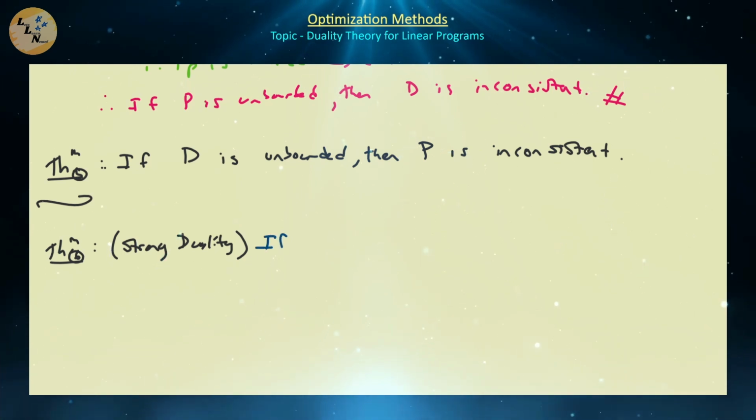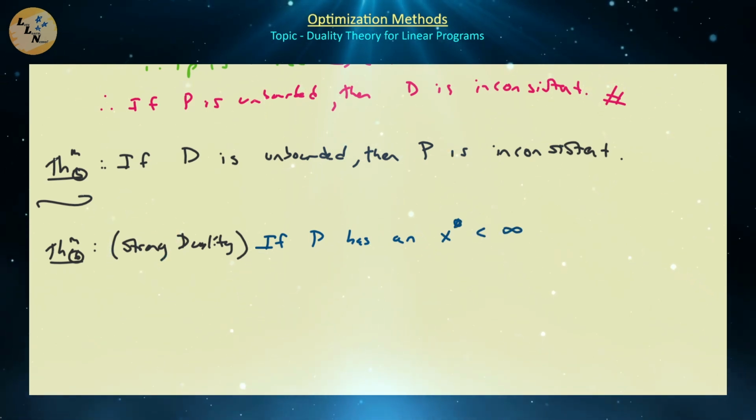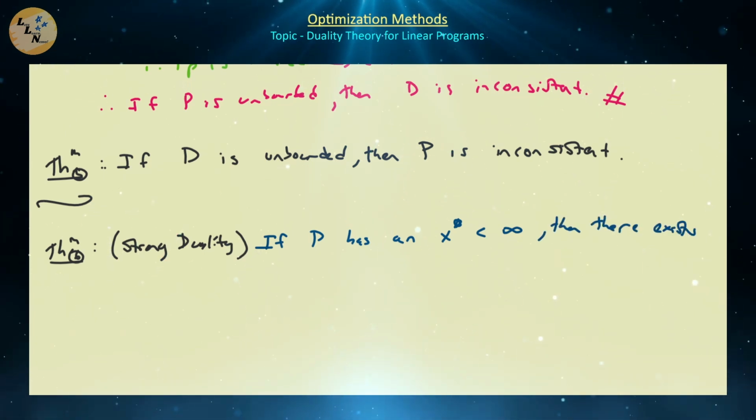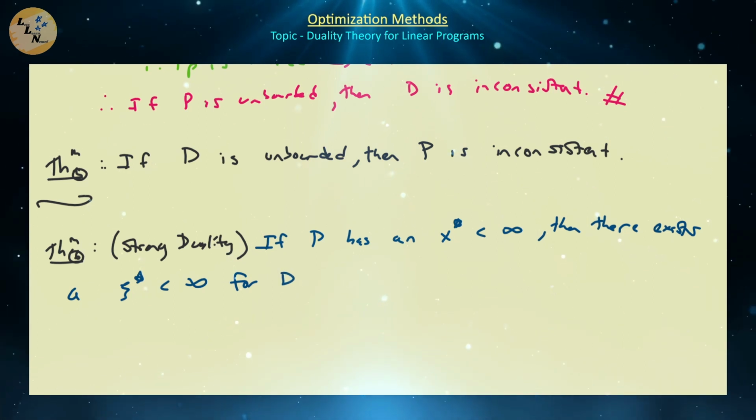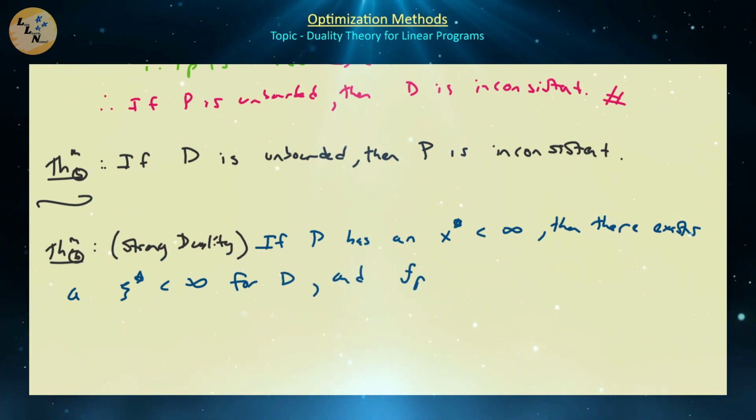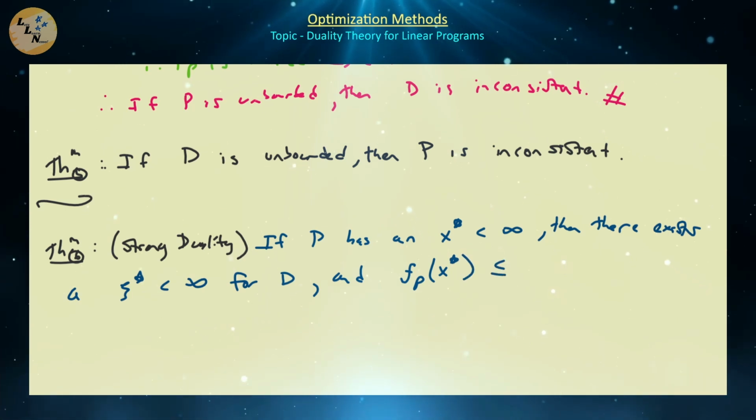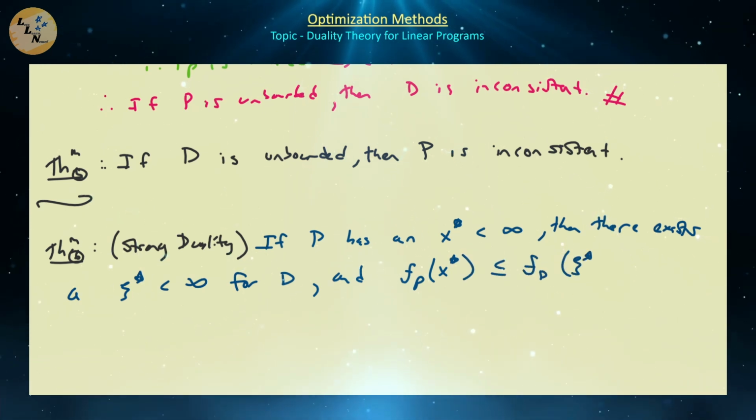And it says this: if P has an optimal solution, x star, and let's of course assume that it's finite, that we usually do, then there exists a psi star that is finite for the dual problem, and FP of x star is less than or equal to FD of psi star, which we've pretty much proved all the little elements of, but this pretty much throws it all together.